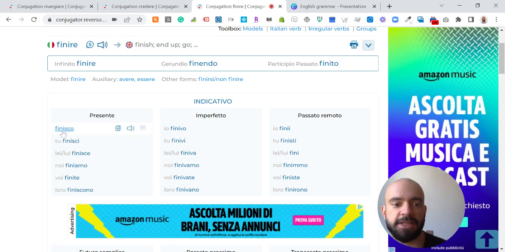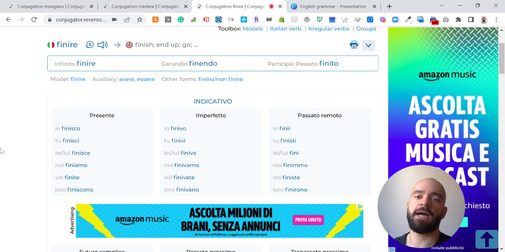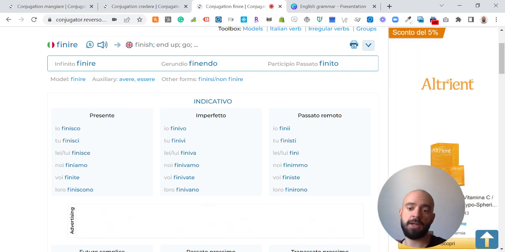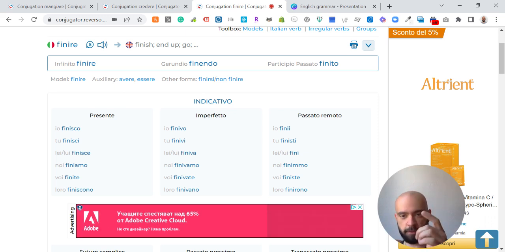Okay, just to give you an example, there's this isco, this isce, the isc terminations. Do you have to stress about this? Not too much. I'm just mentioning it because next time you bump into one of these verbs, you do not freak out. Okay, stick to the conjugation of dormire. That's the major one for the family of ire. Stick to that one. Just keep in mind that if you see something weird, that's probably the reason why.